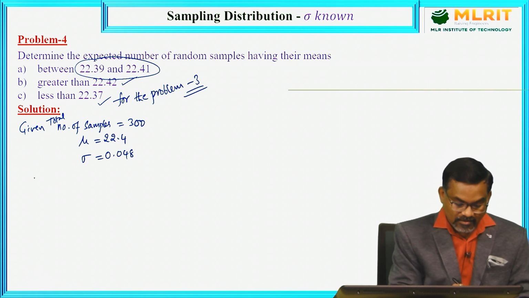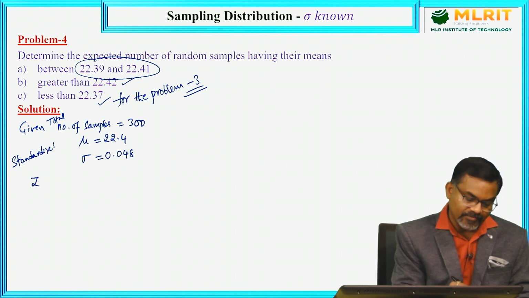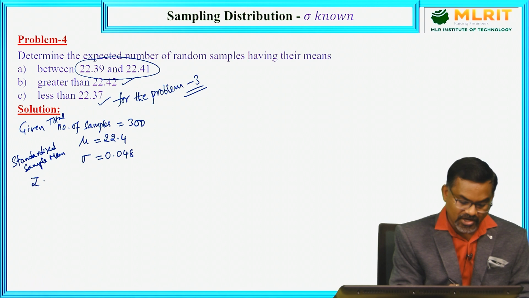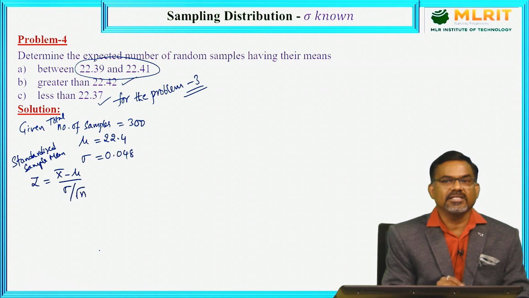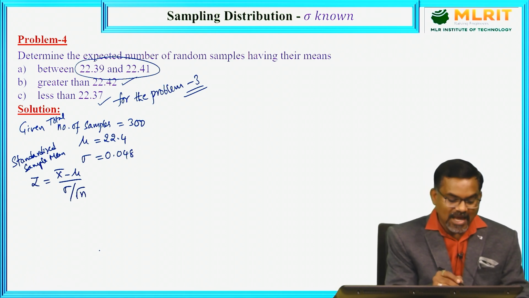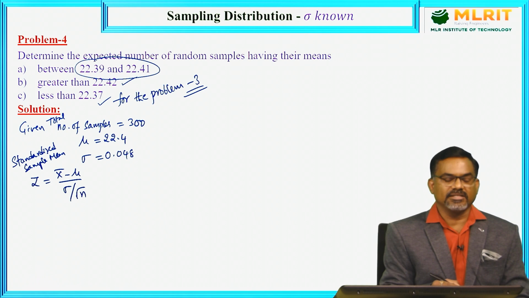And we have the standardized sample mean. The formula is Z equals x bar minus mu by sigma by root n. This is the standardized sample mean. That means the sample mean x bar is transformed into Z, which is called the standardized sample mean.